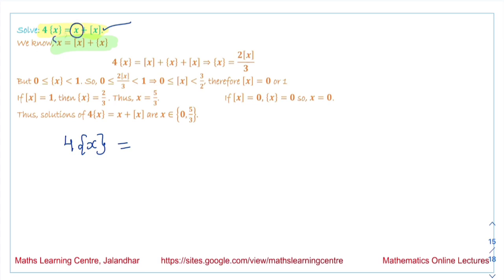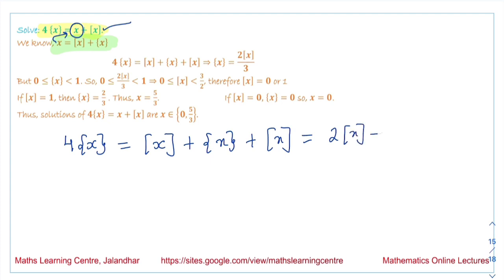In place of x we use this formula, so we get the greatest integer of x plus the fractional part of x plus the greatest integer of x, equal to 2 times the greatest integer of x plus the fractional part of x. So we get the fractional part of x is equal to 2 times the greatest integer of x upon 3.